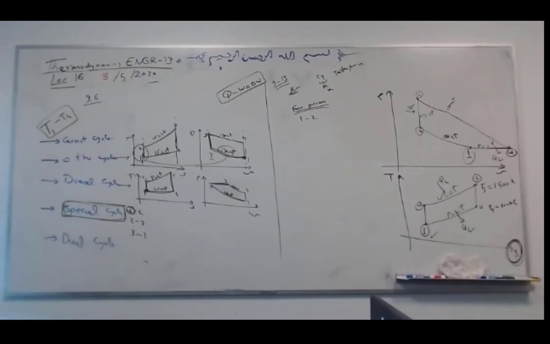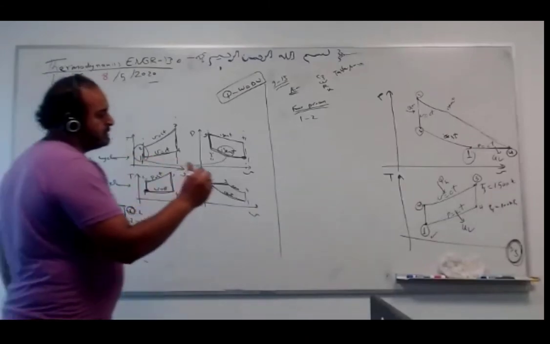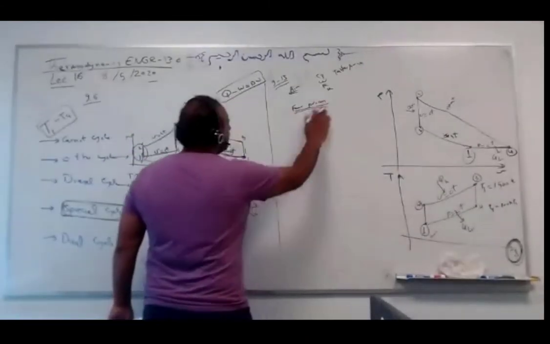Okay, guys? So what's given here? Here we have P1 and T1. You have V1.